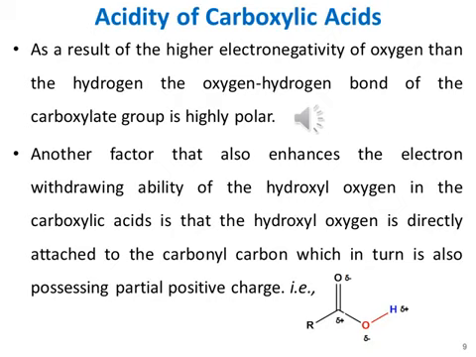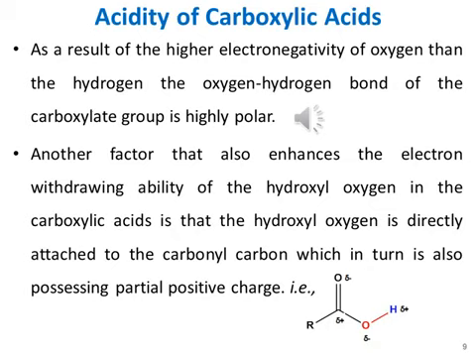So the hydroxyl oxygen also has electron withdrawing ability, so it withdraws electrons from the hydrogen, and this oxygen is in turn directly attached to an electron deficient carbon atom, which is in turn attached to the carbonyl oxygen, which also has the partial negative charge.